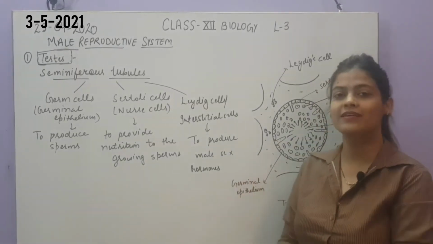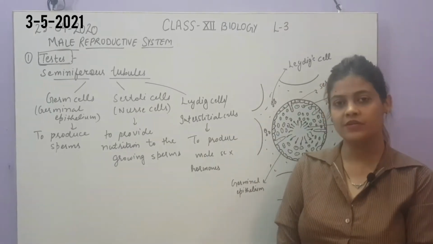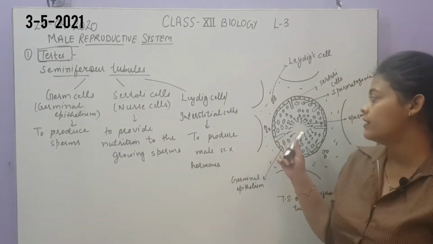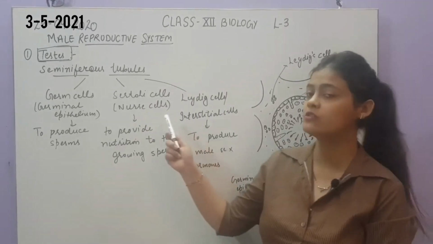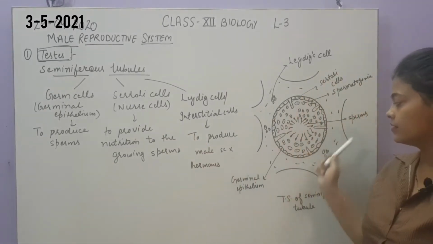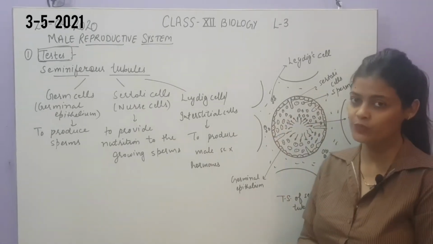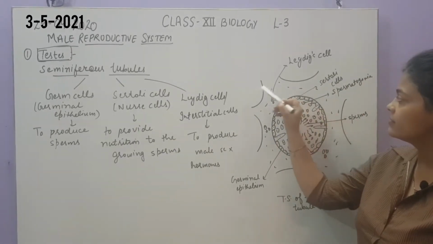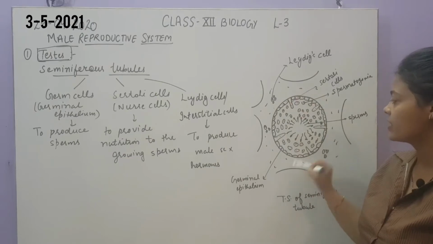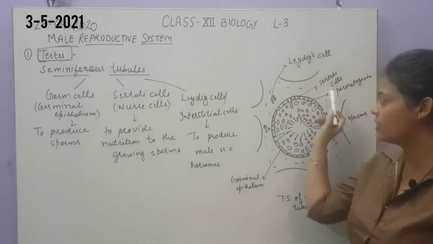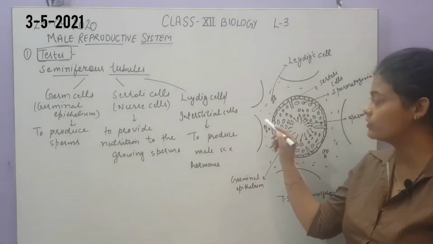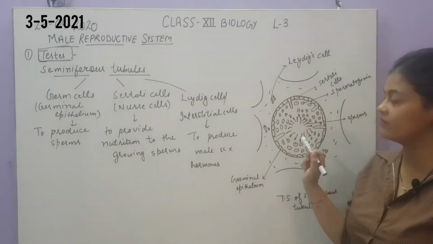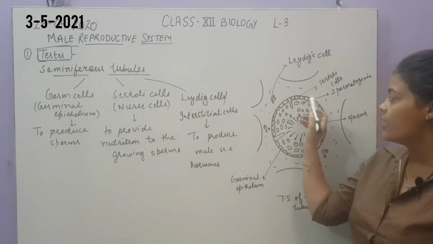Okay, let us now see the TS of seminiferous tubule. That will make you more clear about their function. So if you see, this is the TS of the testis showing the seminiferous tubules.